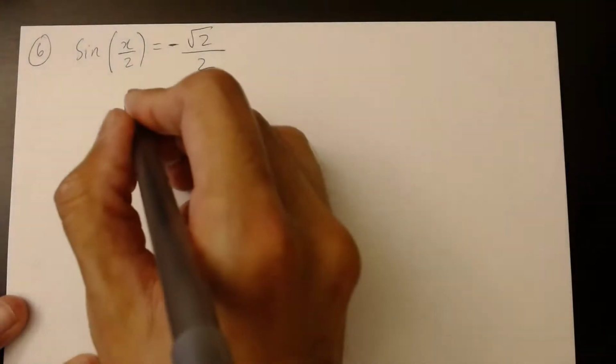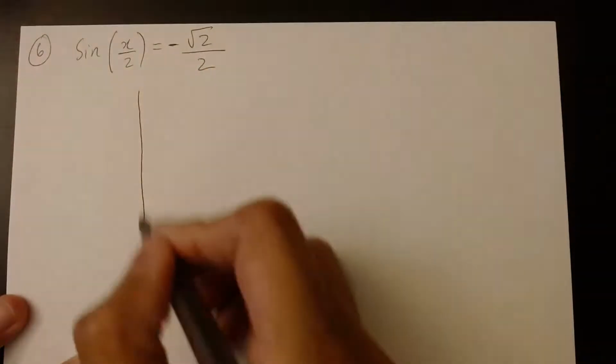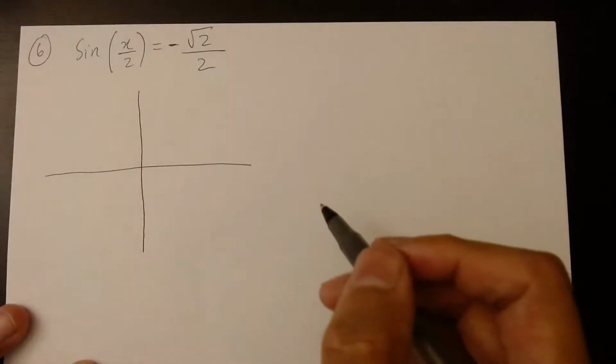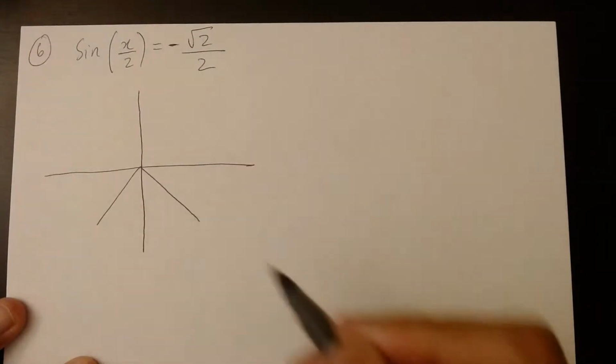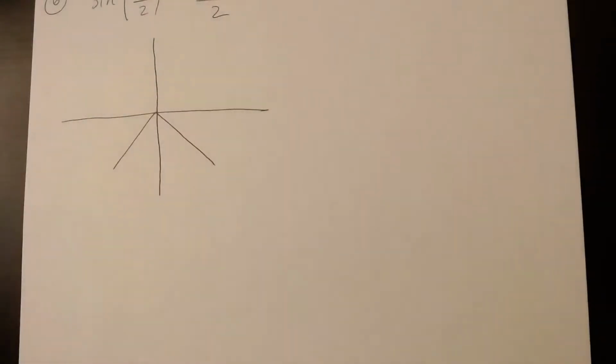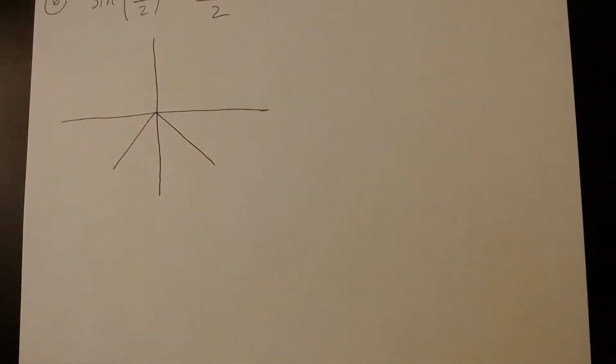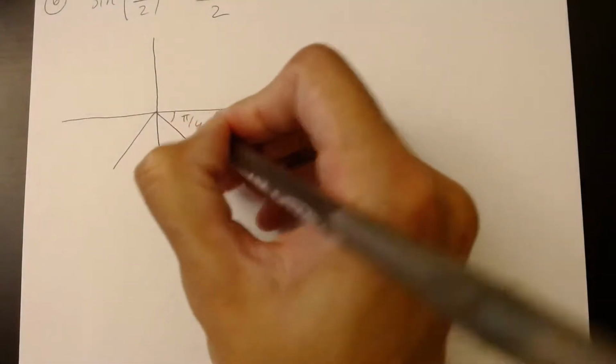Again, we will start with our cast rule. Sine is negative in these 2 quadrants. If I do the sine inverse of negative root 2 over 2 in my calculator, I will get pi over 4 as my acute angle.